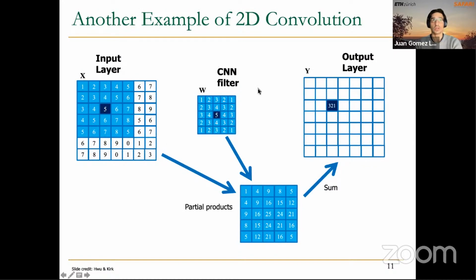That's actually, this example corresponds to a CNN, a convolutional neural network or a convolutional layer. In this case, we are applying a 2-dimensional filter on each pixel of the image or the input feature map, obtain the partial products, reduce them, and obtain the final value.